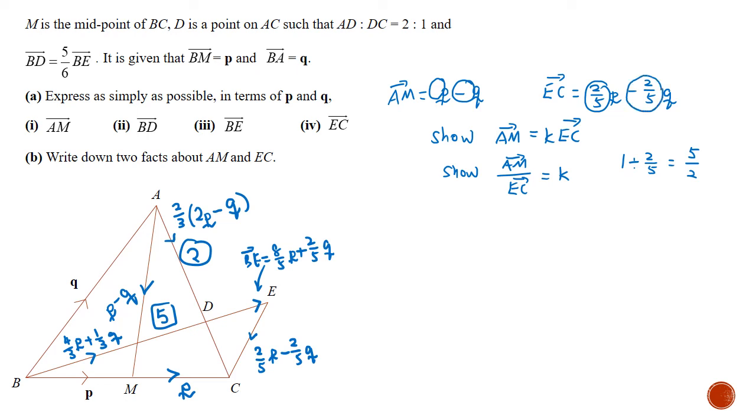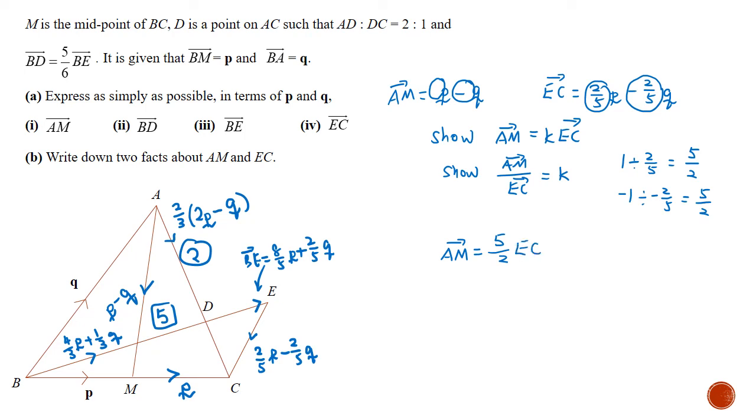And we will have negative 1 divided by negative 2 over 5, which is equal to 5 over 2 as well. And since the coefficients for both vector P and vector Q divide to give us the same constant number, we can conclude that vector AM will be equal to 5 over 2 times vector EC.